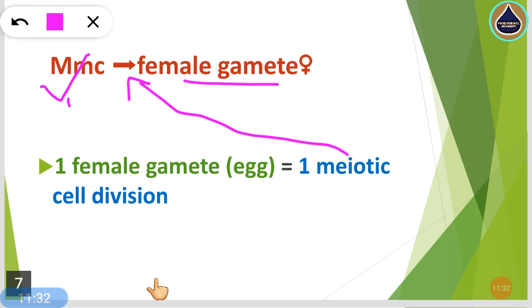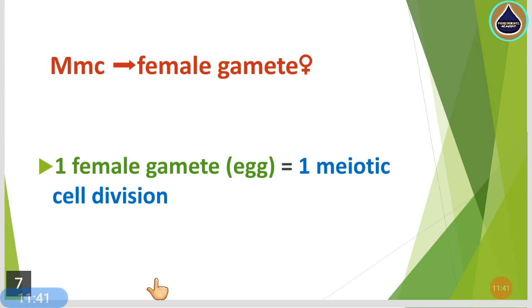So simply, whatever the number of female gametes is, that is the number of cell divisions. In the female gamete formation process, the formula is: the number of female gametes is equal to the number of meiotic cell divisions.